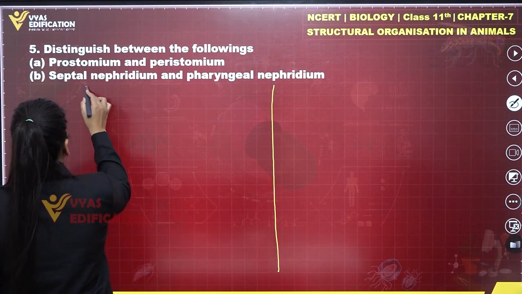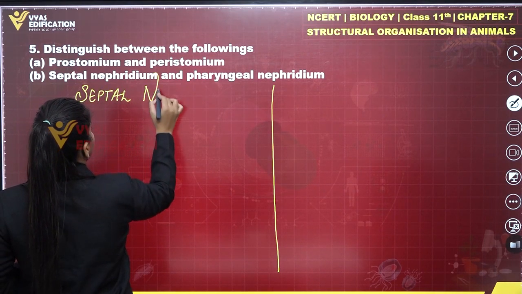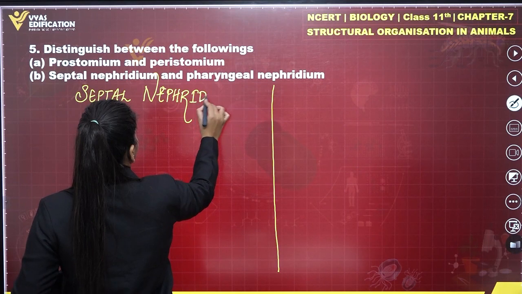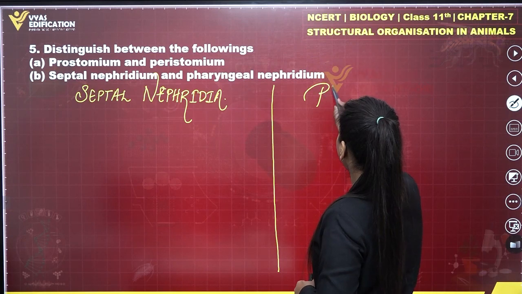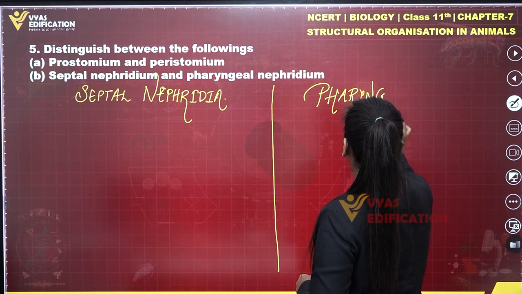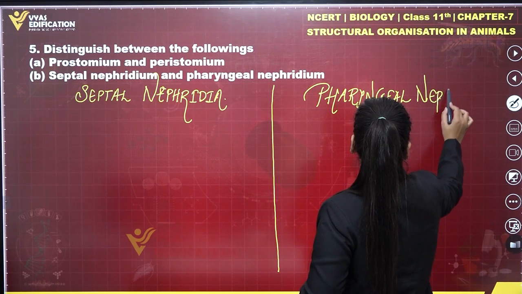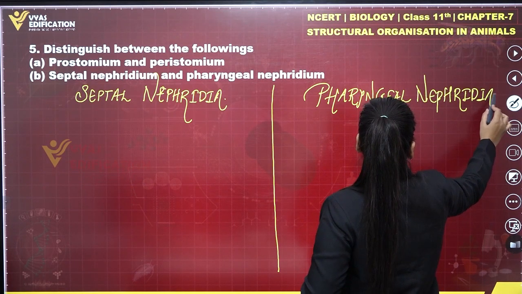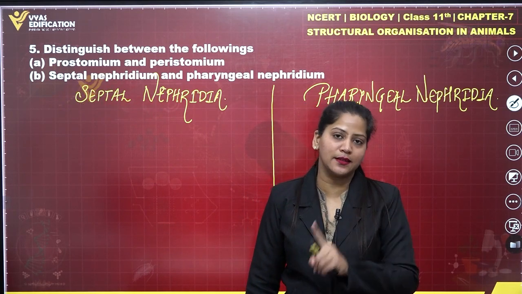Now we have to make columns again. In the left column we are going to write septal nephridia, and in the right column pharyngeal nephridia. Septal nephridia are present on both sides of intersegmental septa.